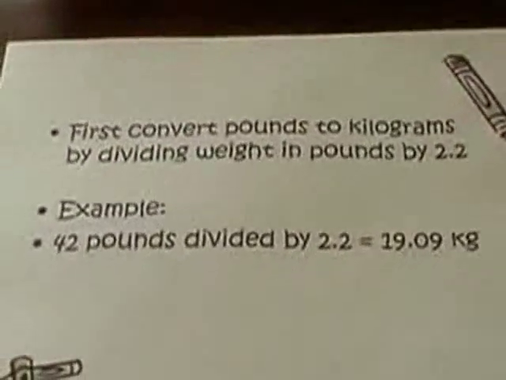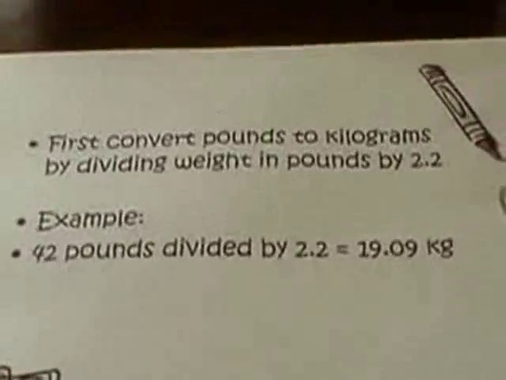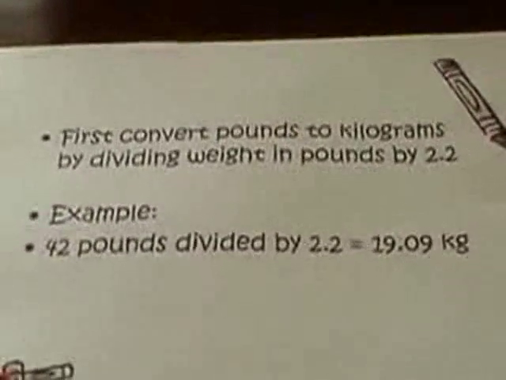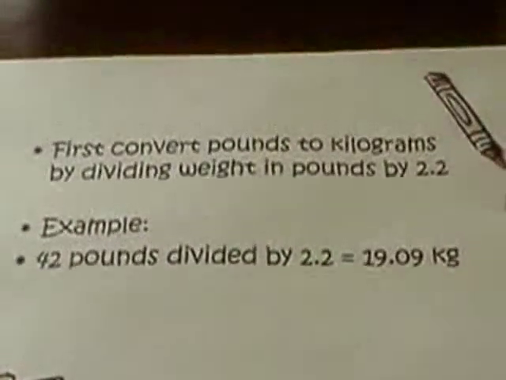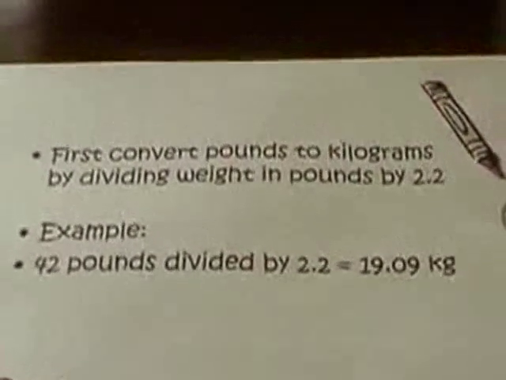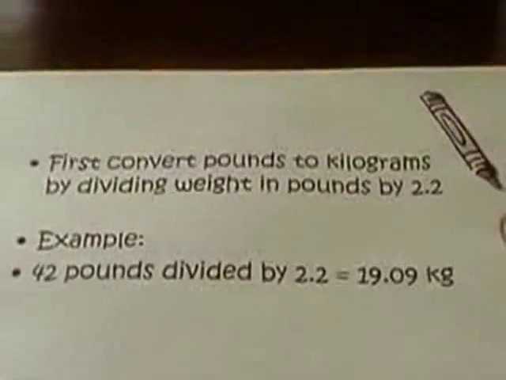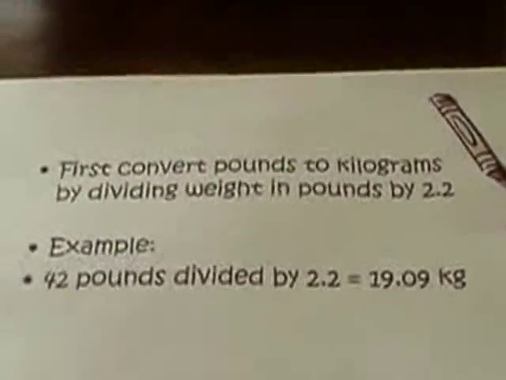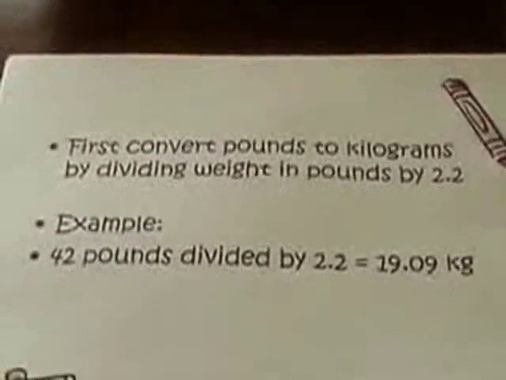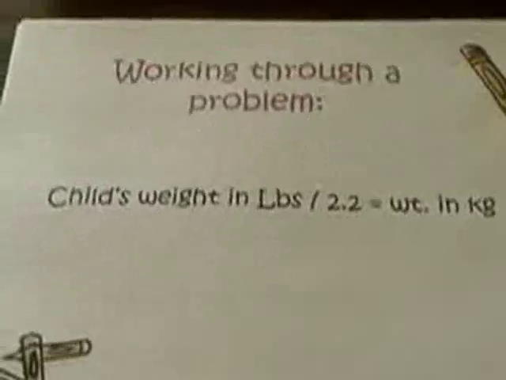Example, if you have a child that weighs 42 pounds, you say 42 pounds divided by 2.2 equals 19.09 kilograms. Am I going to do anything with 19.09 kilograms? No, I'm going to leave my kilograms at the 100th place and calculate it like that because it can make a difference in the dose.